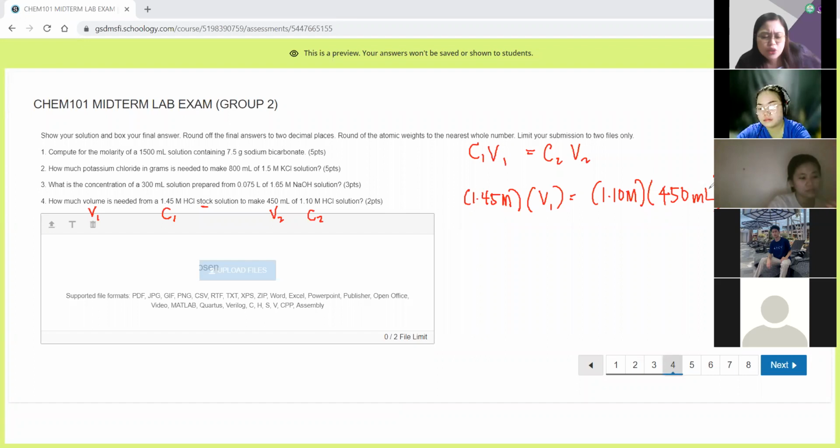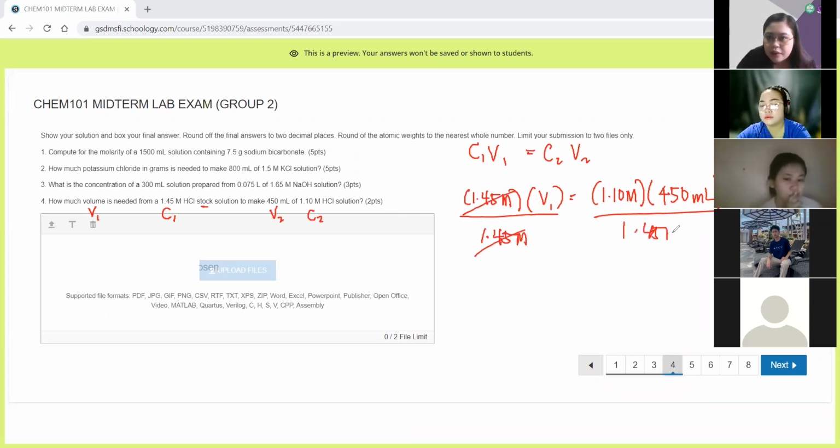No need to convert the ml to liters because the problem doesn't require the answer to be in liters. Read the problem again. It doesn't ask for liters. It only says how much volume, so ml is fine for the volume. You can compute directly. So V1 is equal to 1.10, let's cancel the molar, times 450 divided by 1.45.